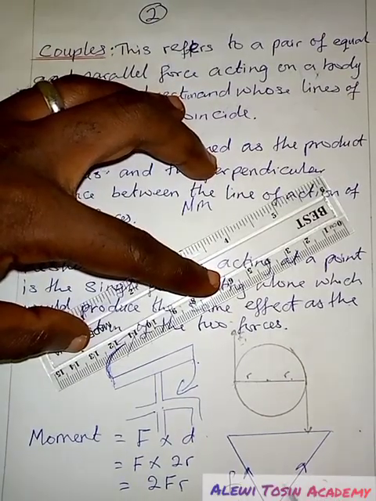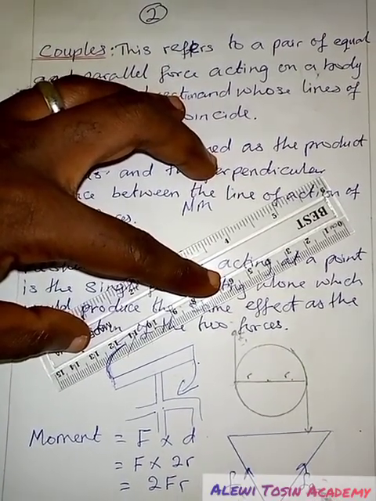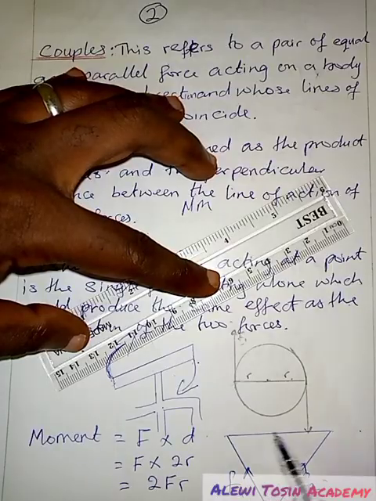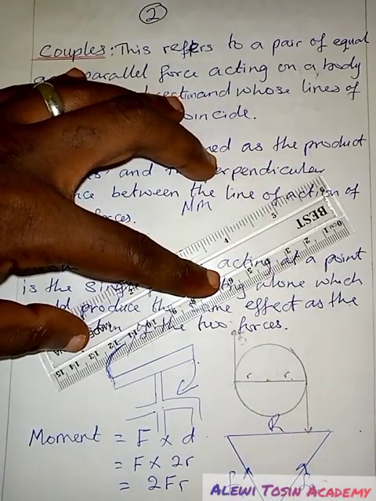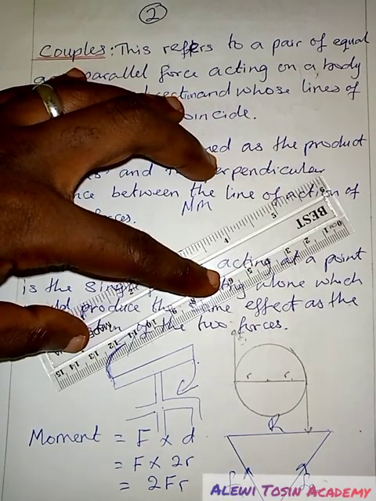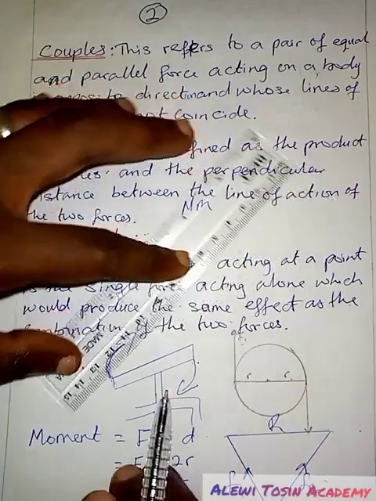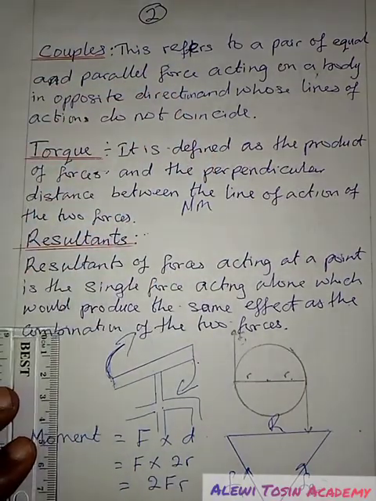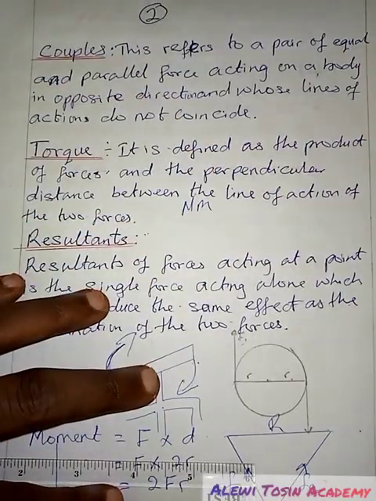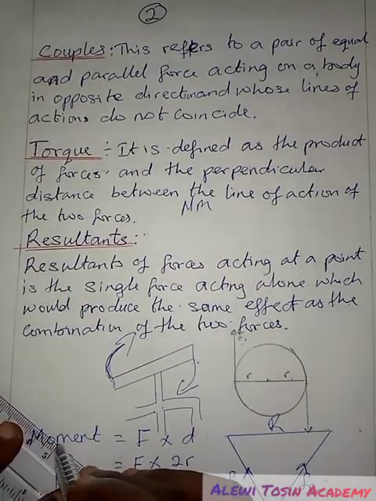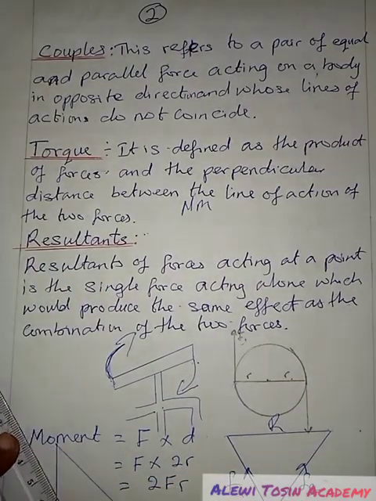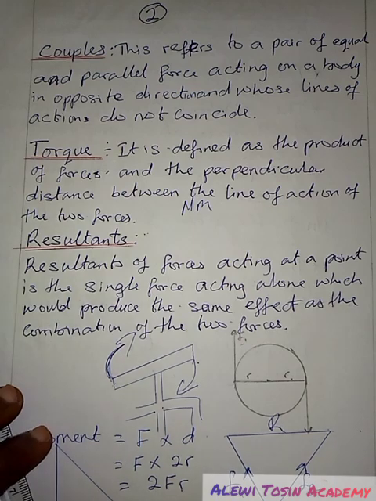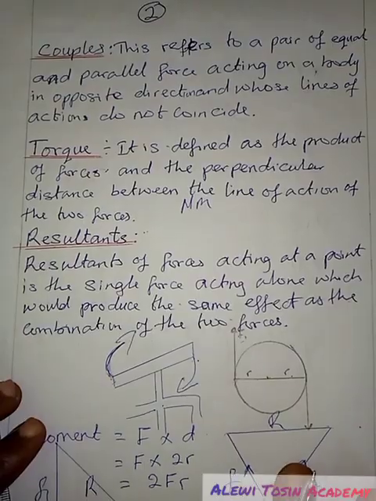If this is F1 and this force is F2, our resultant force here is this force R. This is talking about the concept of the triangular law of vector. Now, also, if you're having this again, and this is parallel to this, so we say that this line here is our resultant. It is F1 and this F2.